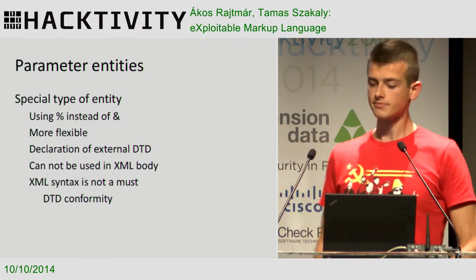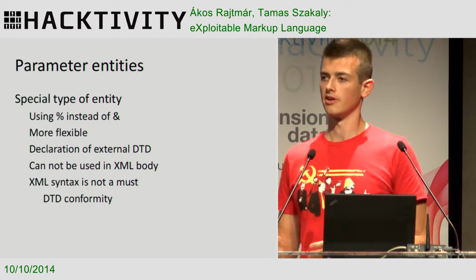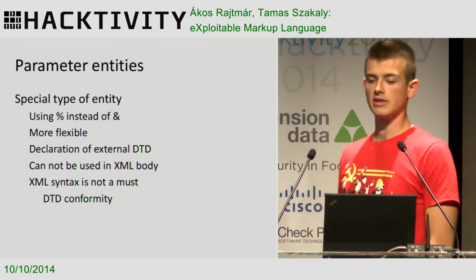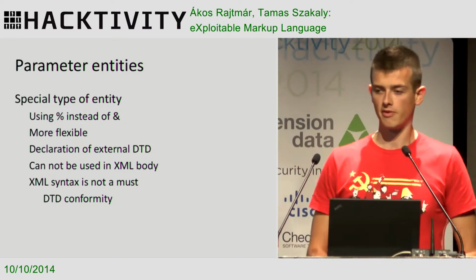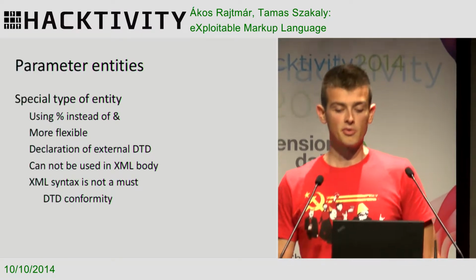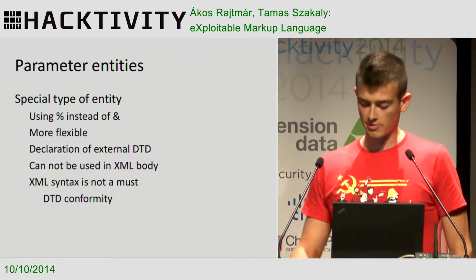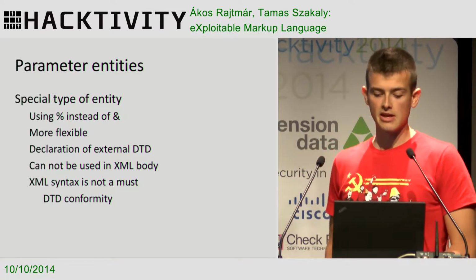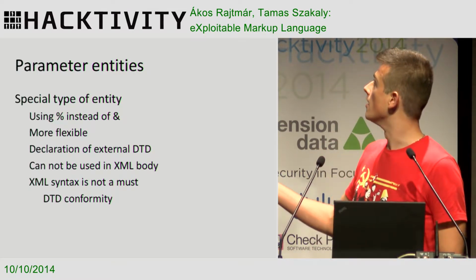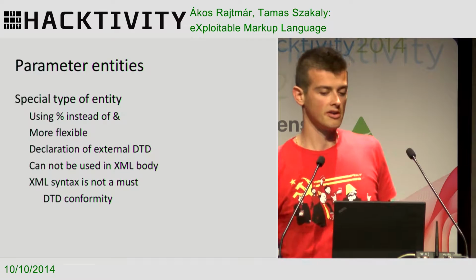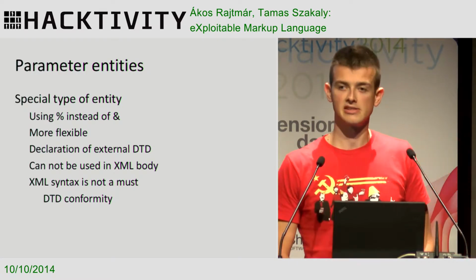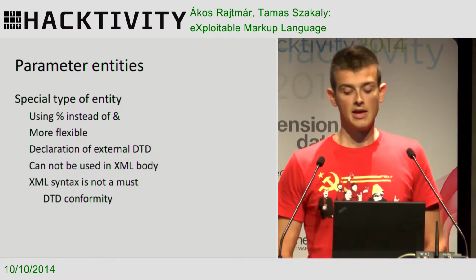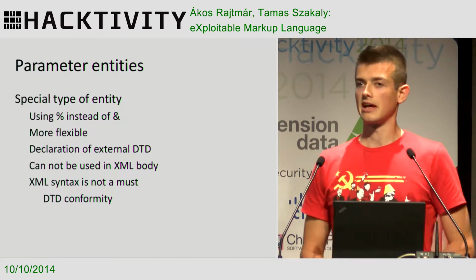We're talking about parameter entities. What document entities can be used in the body of the XML, and we can evaluate it. What are parameter entities good for? Primarily, you will note that instead of the usual ampersand, we'll use the percent sign for declarations.